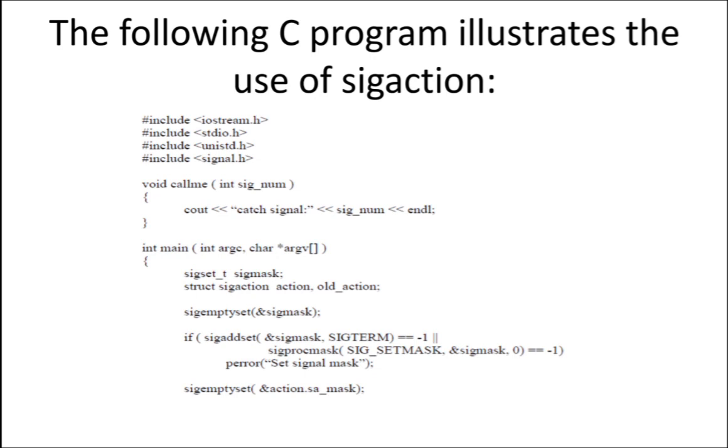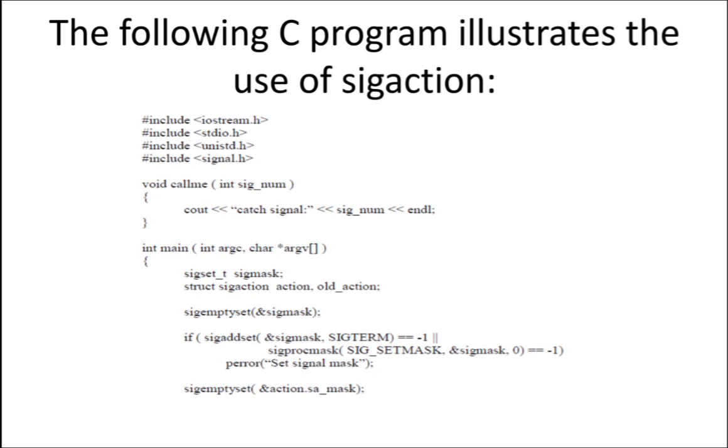Next, with the if condition, I am checking whether the signal mask is present or not, right? If it is empty, it will print an error. If the signal mask is not empty, it will take some action on the particular signal that is present in the signal mask.